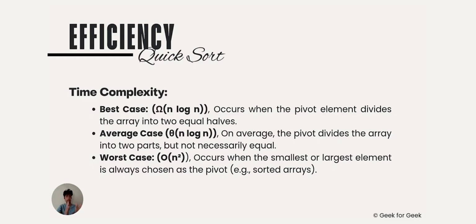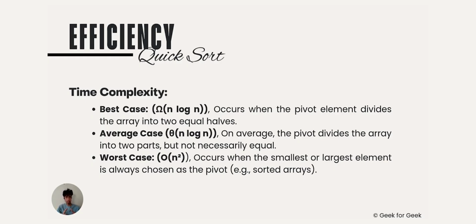getting halved. In the average case, the pivot divides the array into two parts, but not necessarily equal. What does that mean? In the average case, the pivot typically divides the array into two reasonably balanced parts, not perfectly even, but not extremely unbalanced. That means each partition step requires O(n) work to compare and rearrange elements around the pivot.